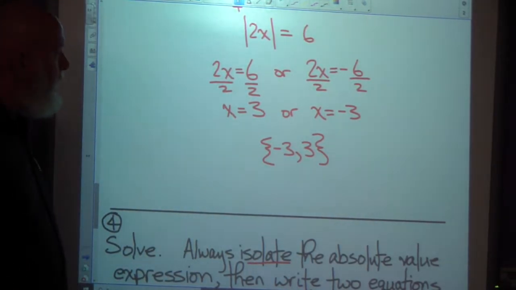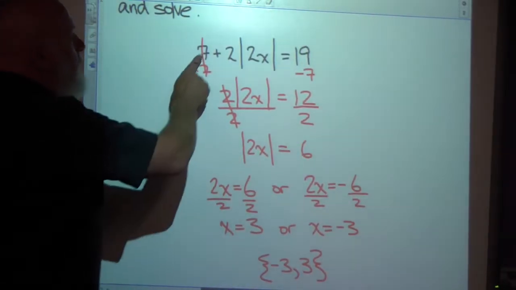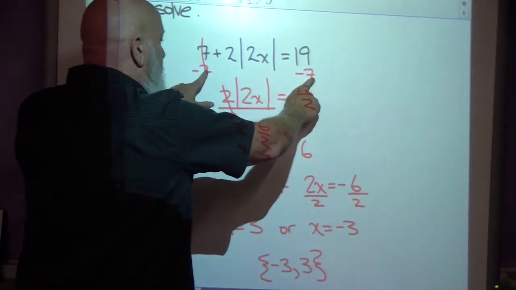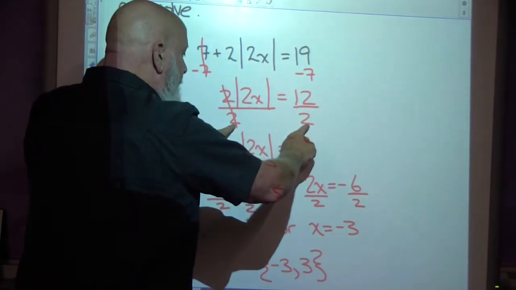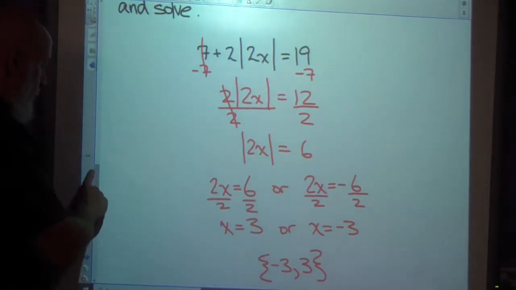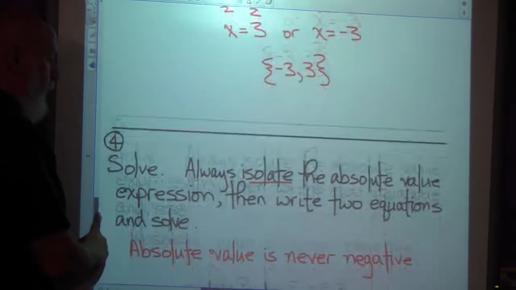Okay? Alrighty, so we isolated our absolute value by undoing an added 7 on both sides, subtracting 7 from both sides, rewriting, dividing both sides by 2, rewriting, and then writing our two equations and solving. That gave us two solutions for the absolute value equation.